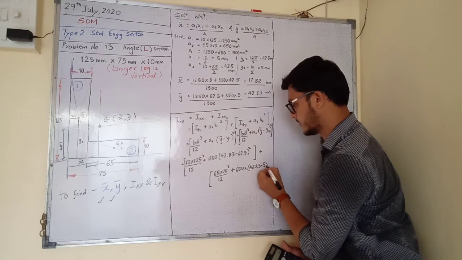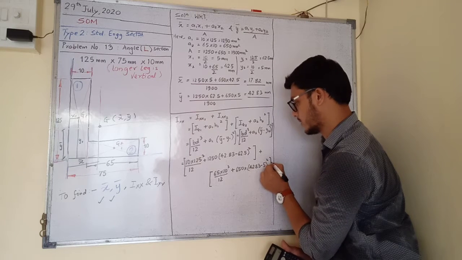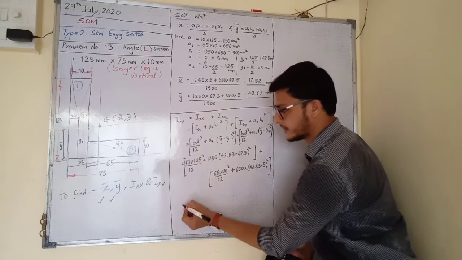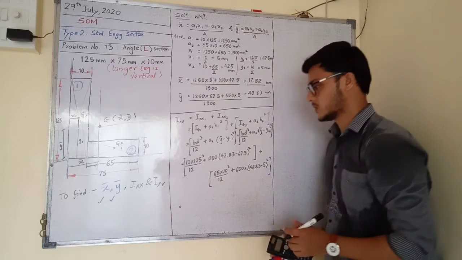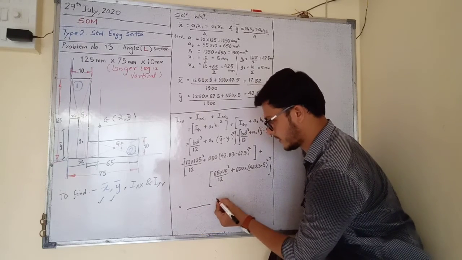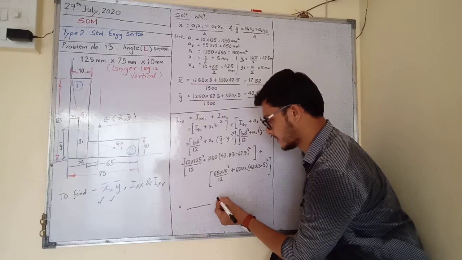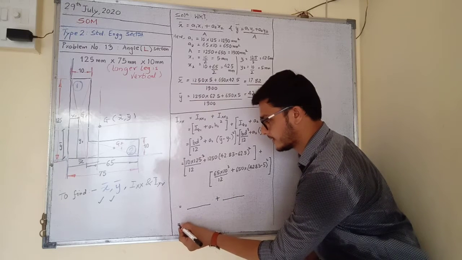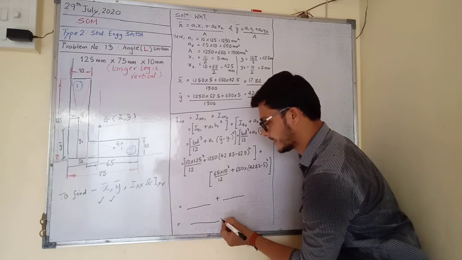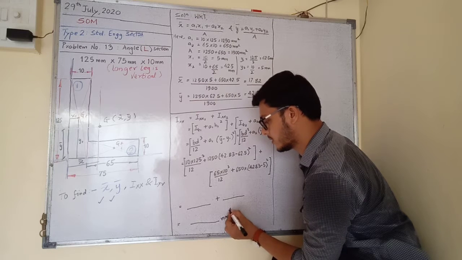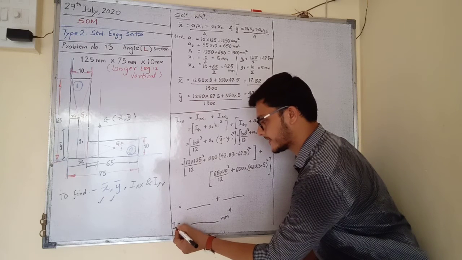Y bar minus Y2, that is H, the whole square. Close this bracket. On solving this you will get the values. You have to add those two values, then you will get the final answer of Ixx in millimeter raised to 4. So this is your Ixx.